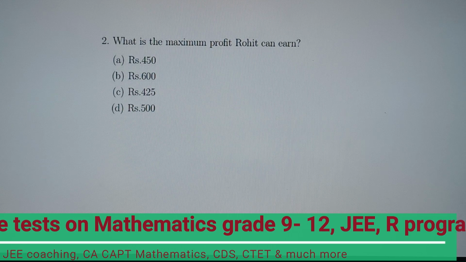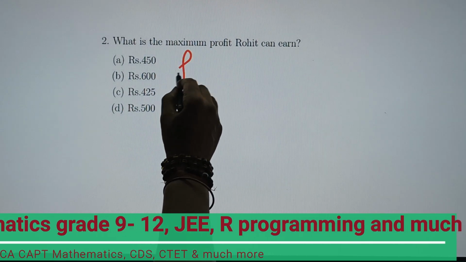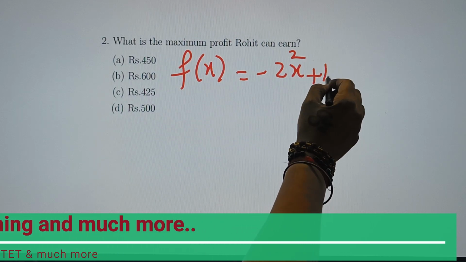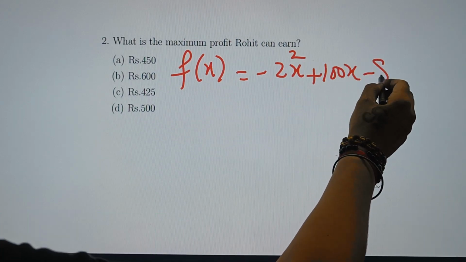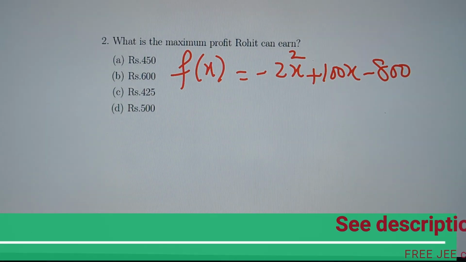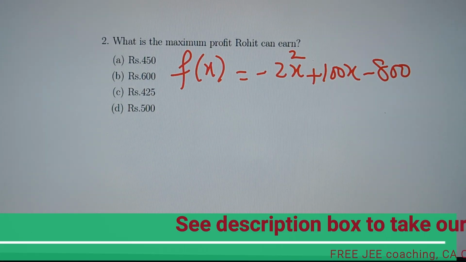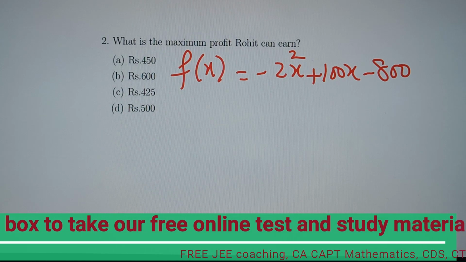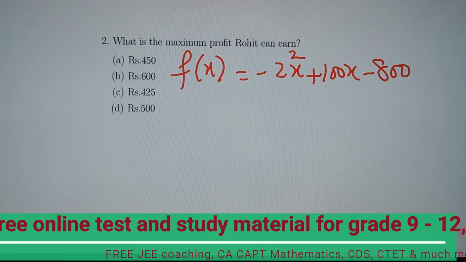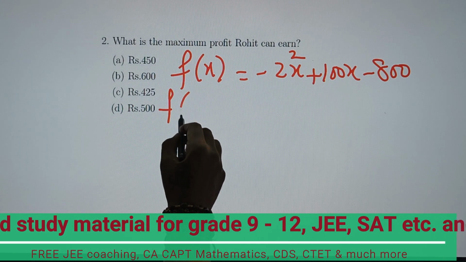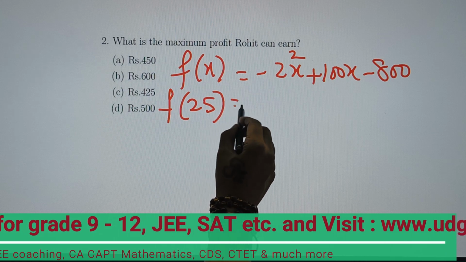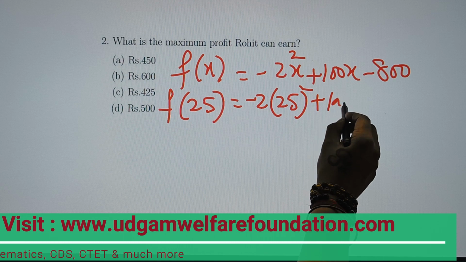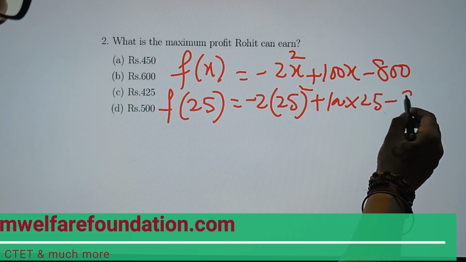So in our given quadratic equation, f(x) = -2x² + 100x - 800, by putting the value x = 25 here, we are going to get the maximum profit that Rohit can earn. So f(25) = -2 × 25² + 100 × 25 - 800.